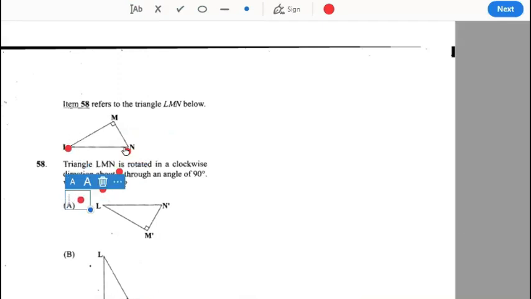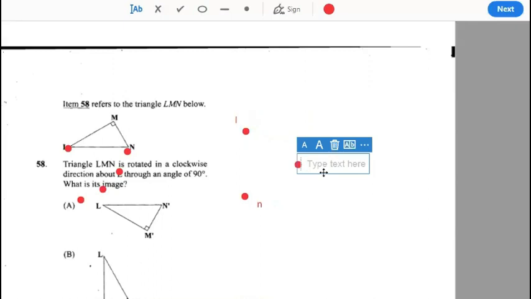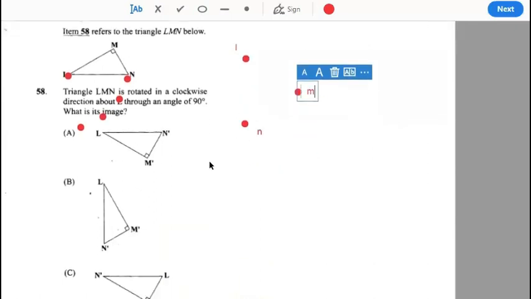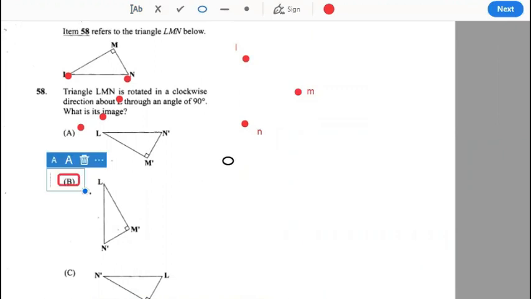So when it's rotated, N will be in this position. So this is L, this is N, and this is M. So we're looking for anything that resembles this, and that is B.